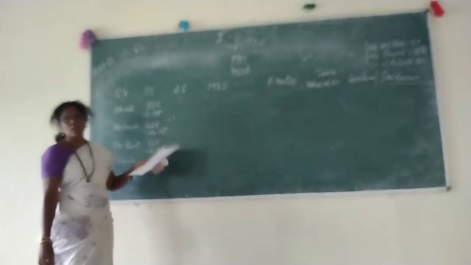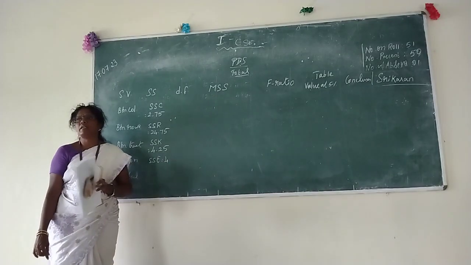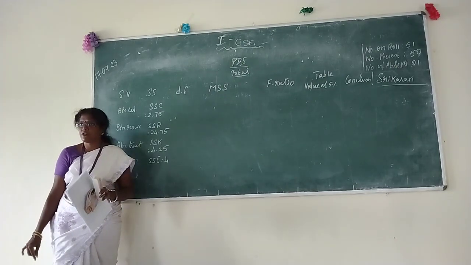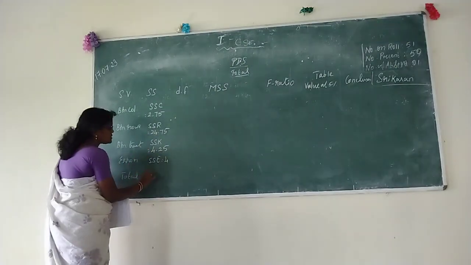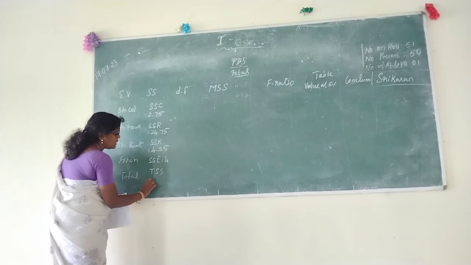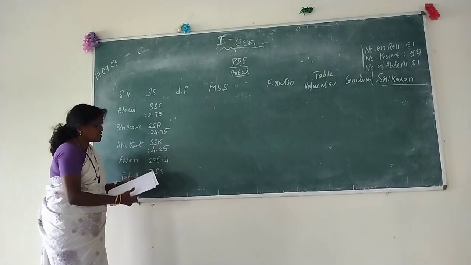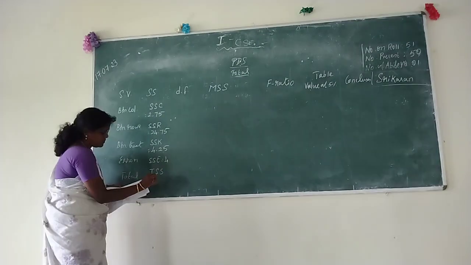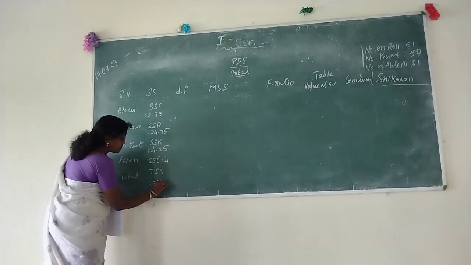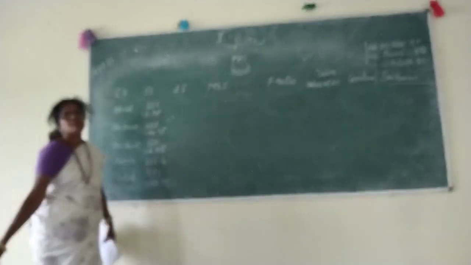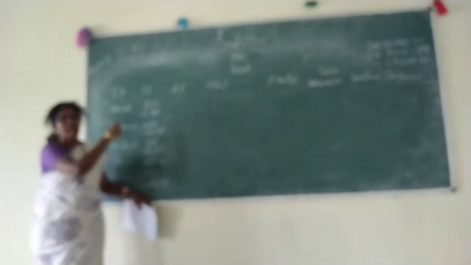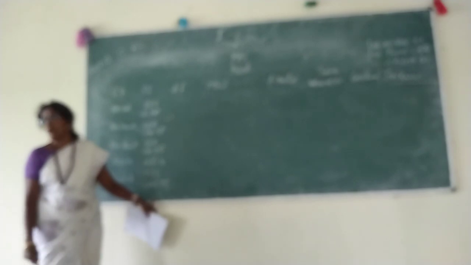When you add all these four values, you should get your TSS, that is a cross verification. So all these four answers should be equal to TSS, which is 35.75. This is a cross verification, but don't blindly write it. When you add all these four values, you should just get the same answer. The bottom calculation you have done is the right one.